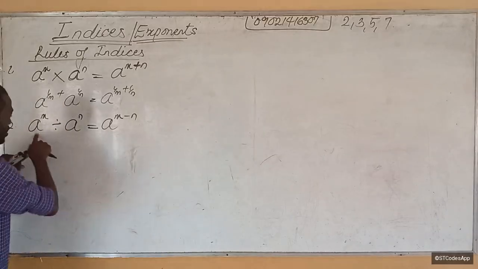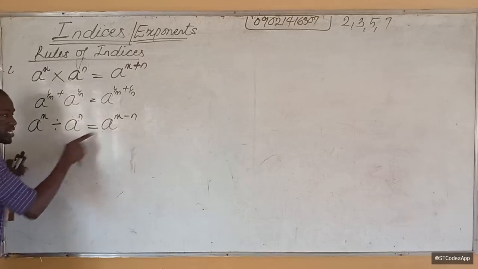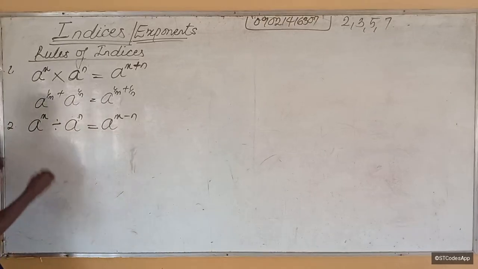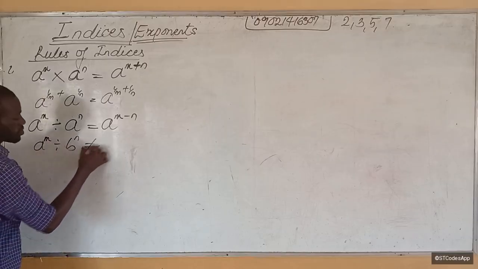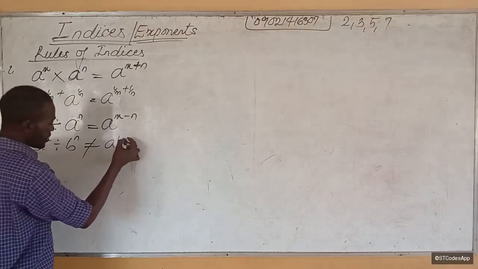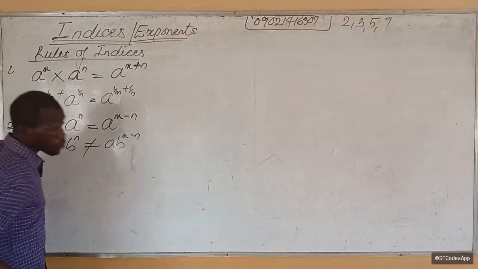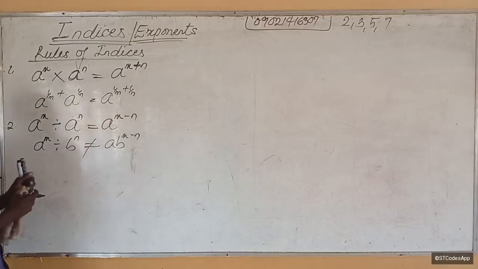In as much as the bases are the same. Keep in mind that these bases must be the same. If it's a and b, this does not apply. That is, a raised to power m divided by b raised to power n is not equal to a b raised to power m minus n. No. All right. So we can prove this. Let's try this.